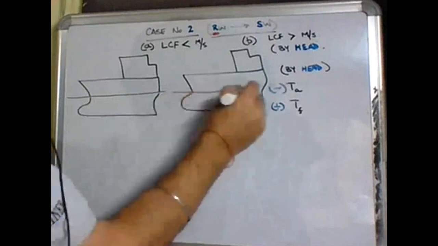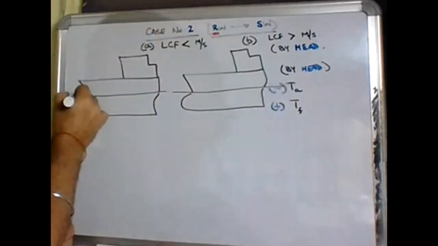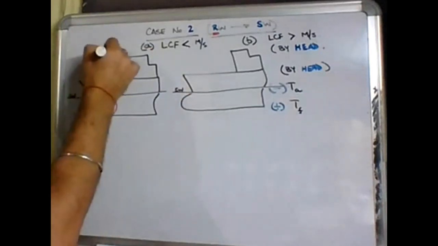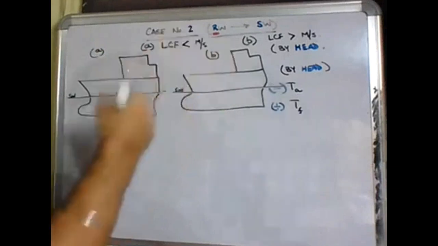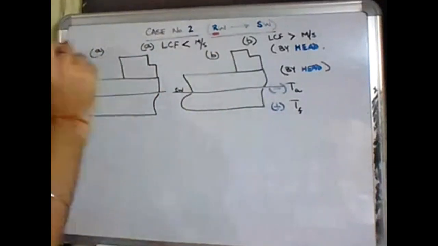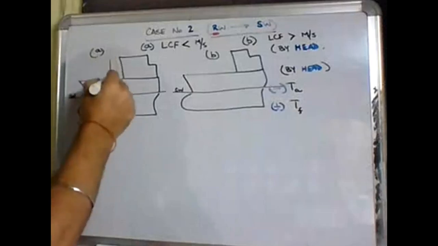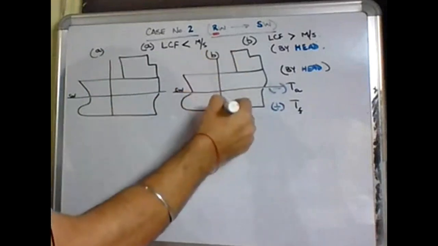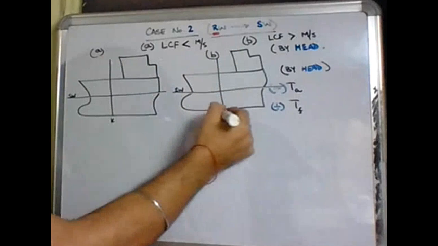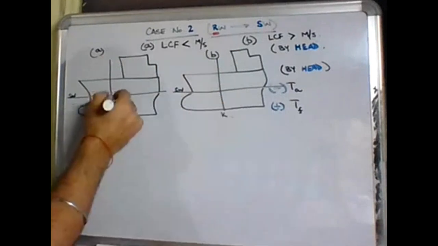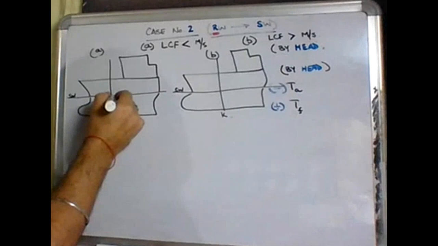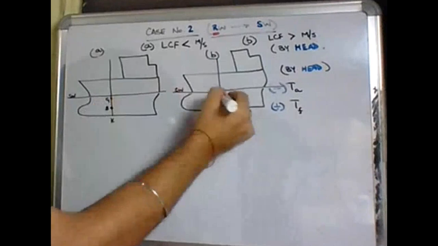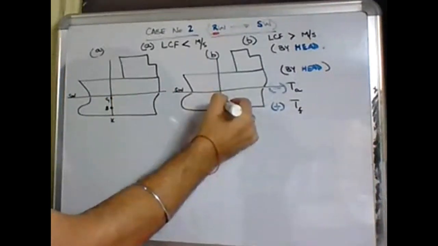Both are case number 1, both are at Chennai. सो ये A है, ये B है. दोनों के दोनों जहाज ऐसे हैं. ये कील है, ये G है, ये B है.